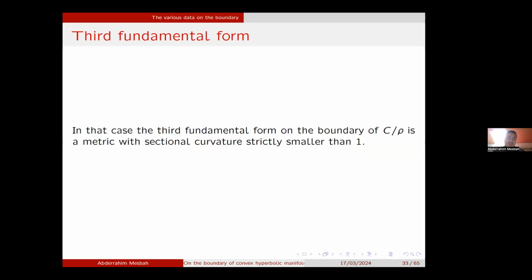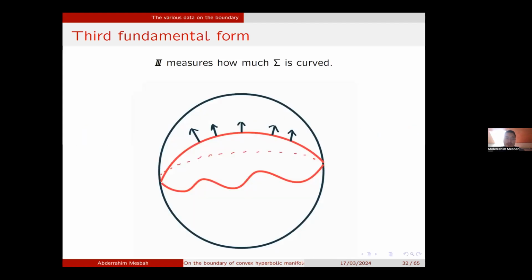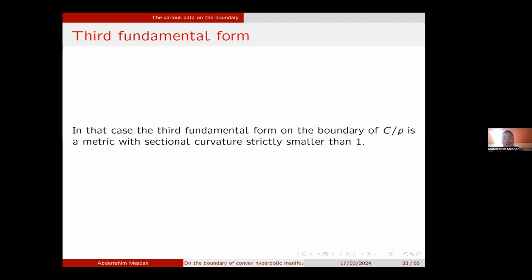And in the case of C, when we take a convex subset inside H3, invariant by some quasi-Fuchsian representation, the third fundamental form on the boundary will be some metric that has sectional curvature strictly smaller than 1.